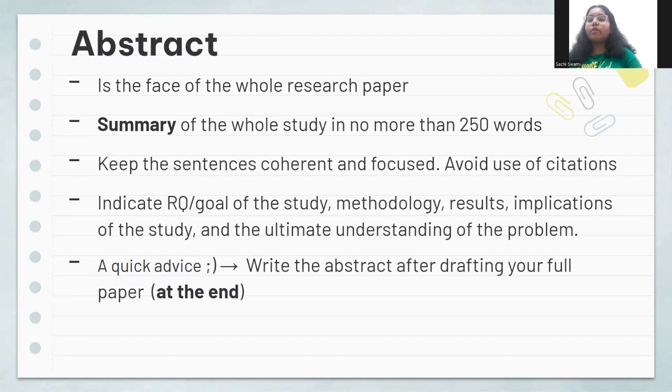This really helps you because you have already drafted a full paper, so you would know exactly what to include in your abstract so that you do not cross the word limit and you stick to the points. You have to try to keep your abstract really concise and to the point and avoid including any citations.